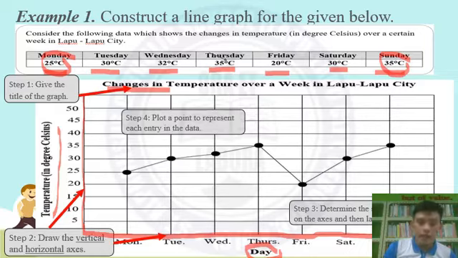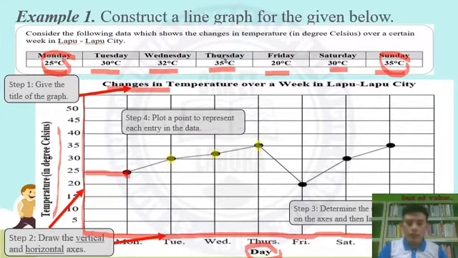So Monday, it is located at 25. For Tuesday, it is 30 degrees Celsius. So it is located here. For Wednesday, that is 30 degrees Celsius. It is here. And for Thursday, it is 35 degrees Celsius.